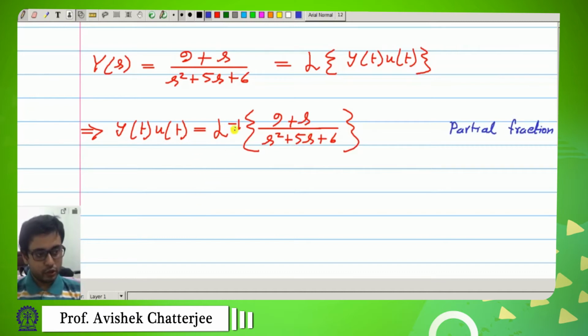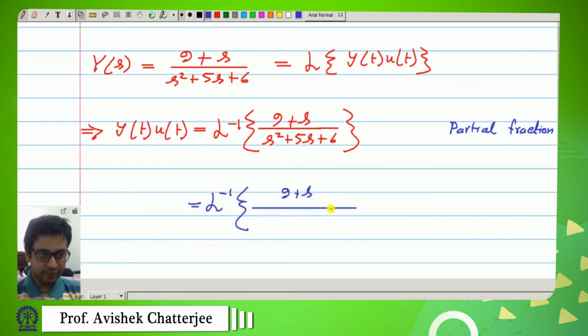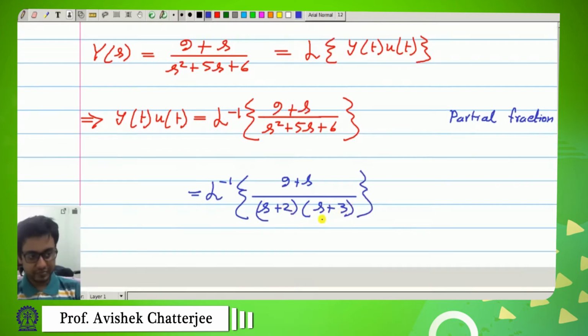Okay, so this is equal to Laplace inverse of 9 plus s divided by this denominator. I will factorize. In this case it can be written as s plus 2 multiplied with s plus 3.